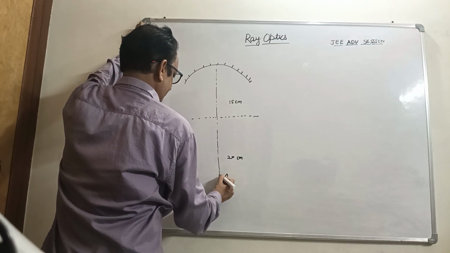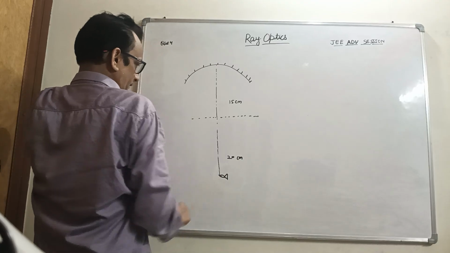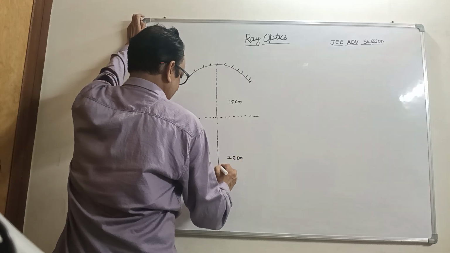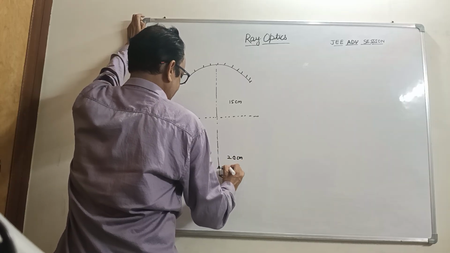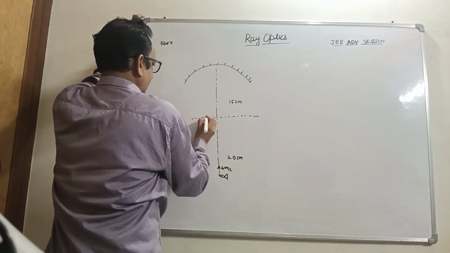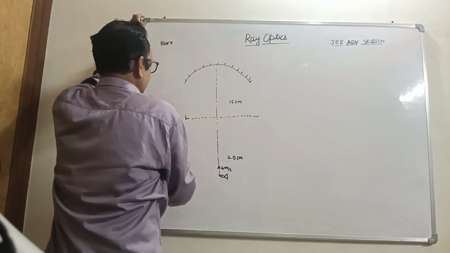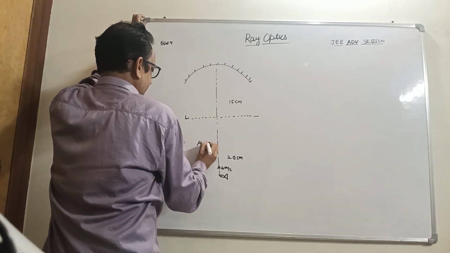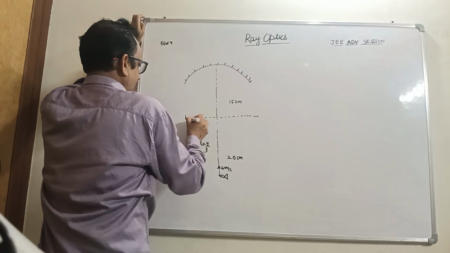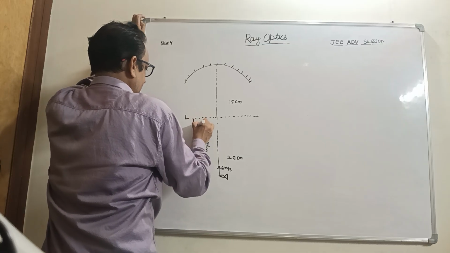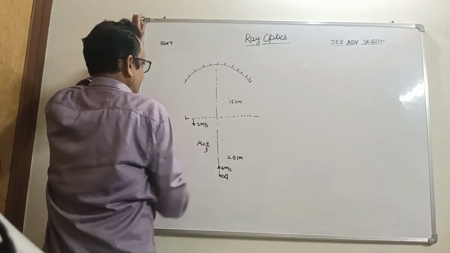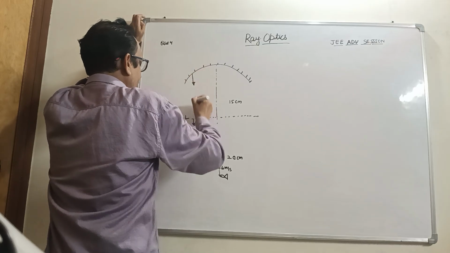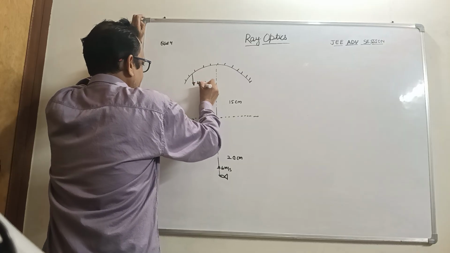And here a fish is here, and this fish is moving with the velocity of 6 meter per second. This is the water level, fluid level, and refractive index is 4/3 here, and this water level is going down with 2 meter per second, and this mirror is also moving down with the speed of 4 meter per second.